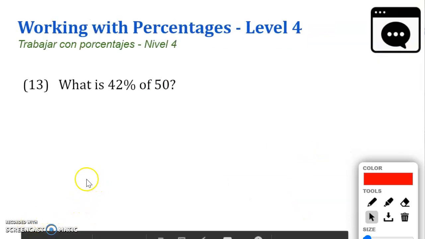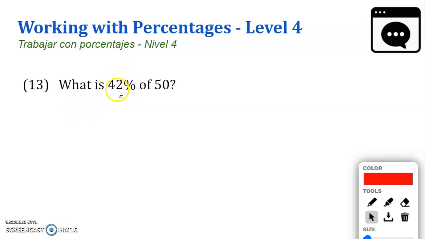Okay, level 4. What if we are dealing with some numbers like we are trying to find 42% of 50? Okay, 42 is kind of an awkward number, or what we can call an ugly number, though no number is ugly, they're all beautiful. But anyway, 42 is kind of an awkward number to calculate mentally. 50 is an easy number, right? So we can say that this is an ugly number, but 50 is a nice number.